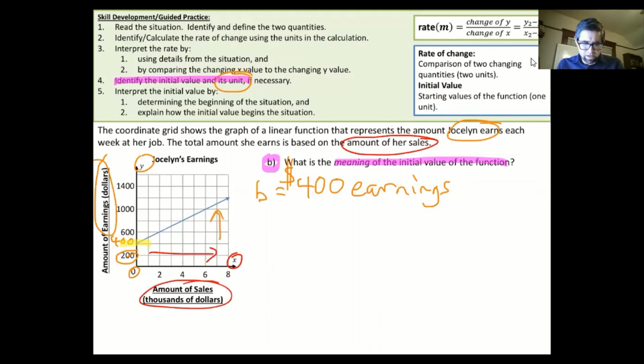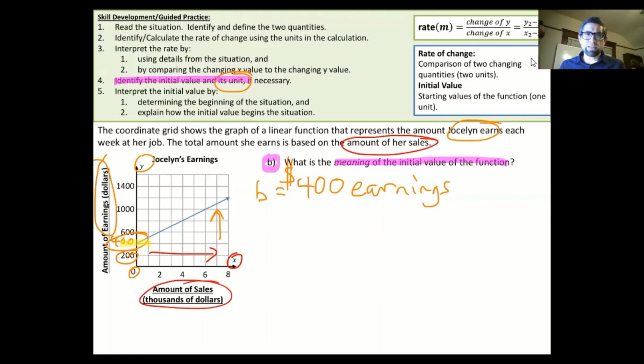Okay, that makes sense. But what does this mean that it starts at 400? Well, that must mean that at the beginning of each week, she earns $400 without making any sales. Okay, so I guess that means she's going to get paid no matter what. She just makes more and more money based on her sales.